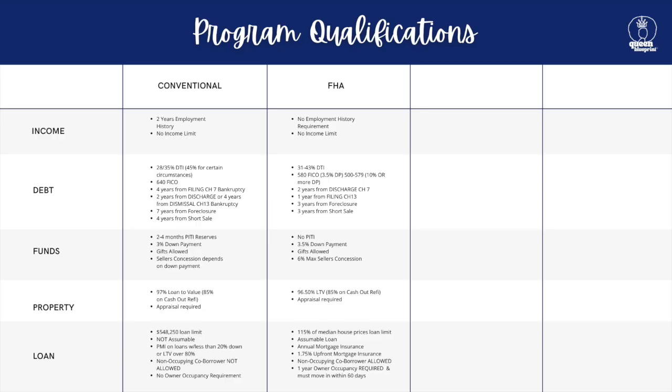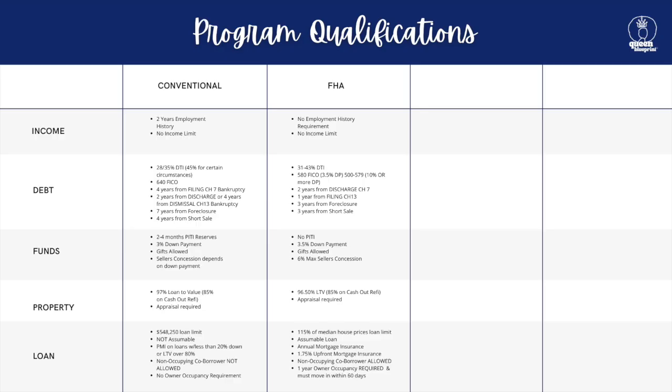Okay. All right. Let's go to the loan to value. So 96.50% loan to value is what they're going to cover. They're going to cover 96.50 of that property, okay? The value of that property. An appraisal is required because they need to know what the property is valued at, right?